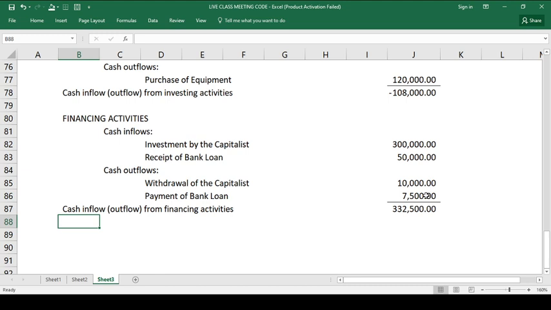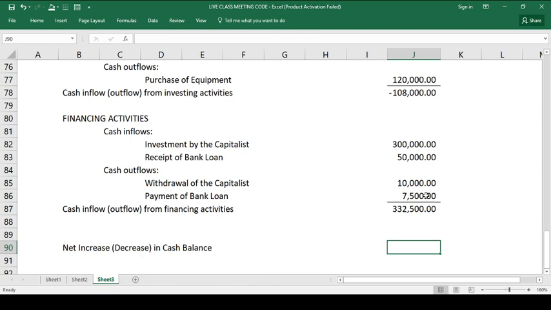Sir, yun lang po ba yung statement of cash flow? Hindi pa. Kasi, meron po tayong kukumputin na net increase, okay, or decrease, in cash balance. Itong net increase or decrease in the net cash balance, dapat that is the difference of the beginning and ending balance.